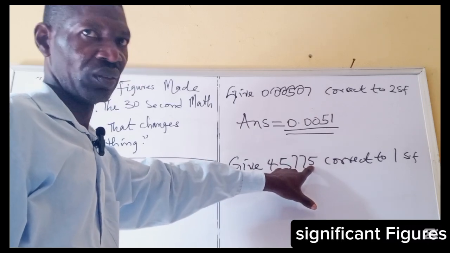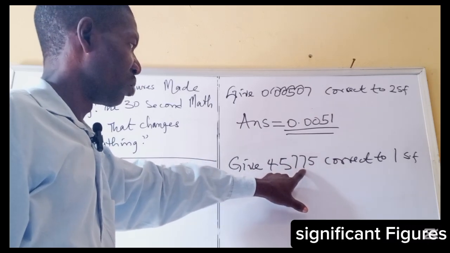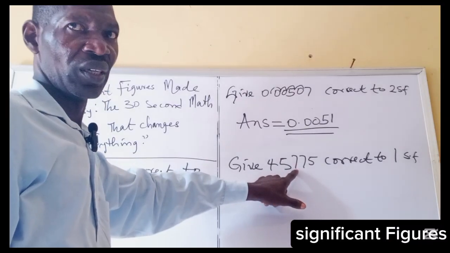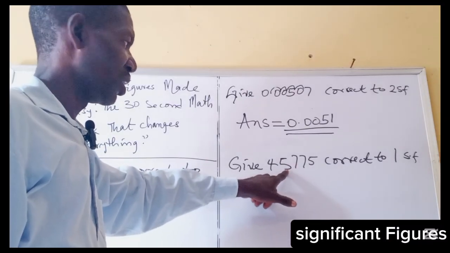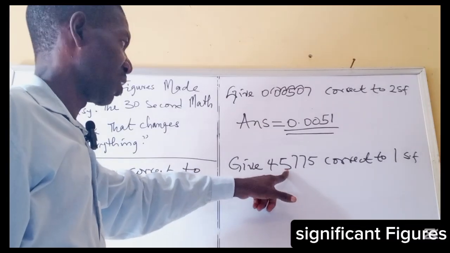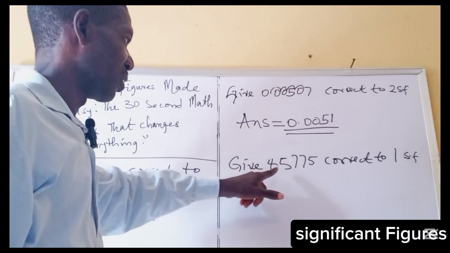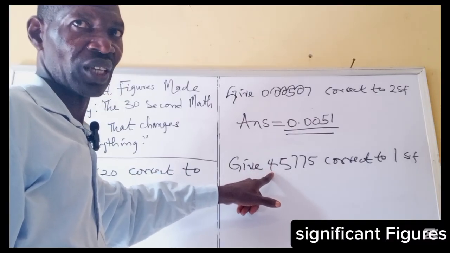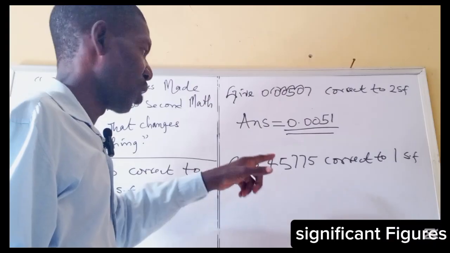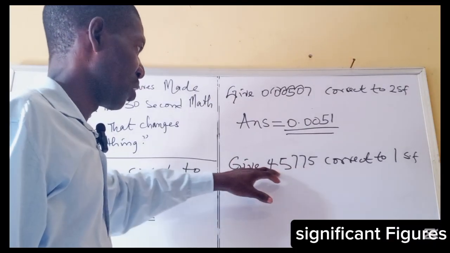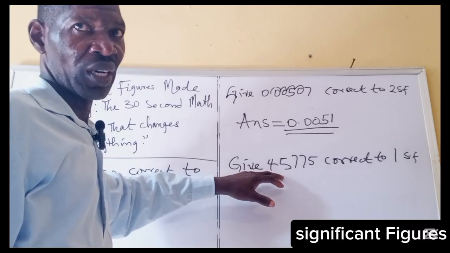This second column is 10. This third column is 100. This fourth column is 1000. And this fifth column is 10,000. You have to take that into consideration, and if you don't, you are going to get a wrong answer.